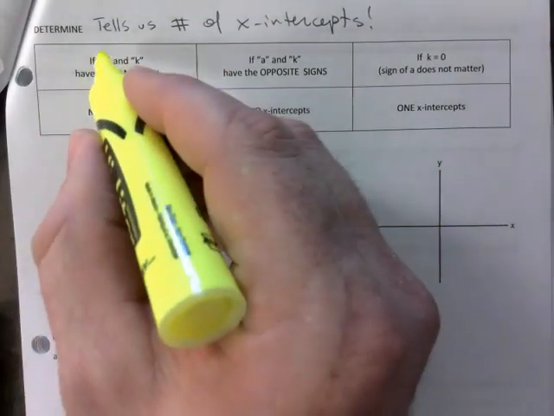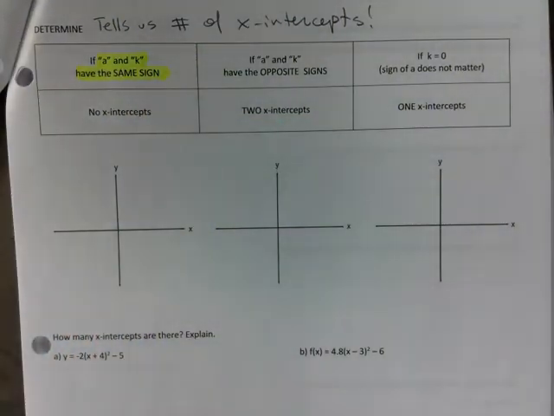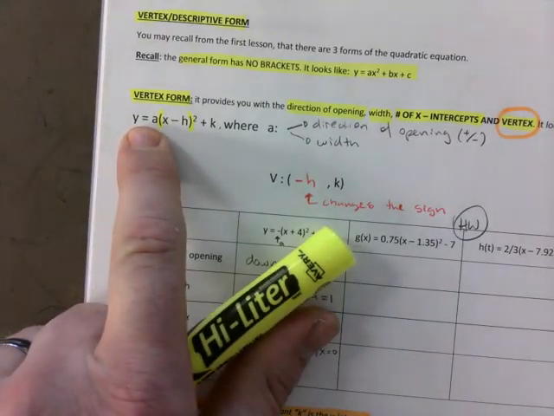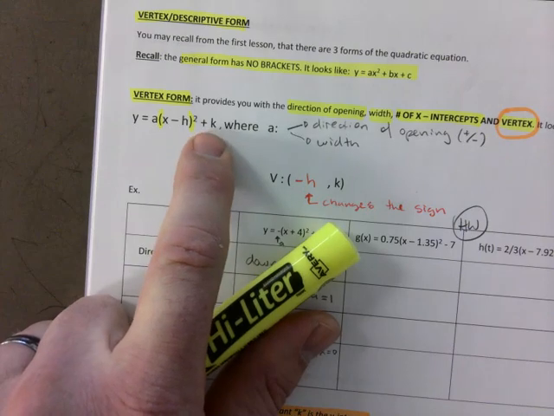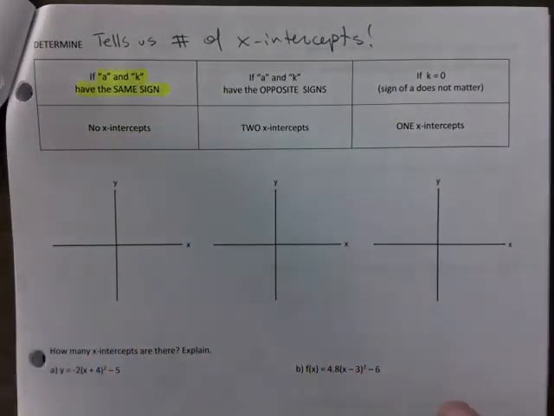So if A and K have the same sign, what is A and K again? Let me quickly show you. A is the leading coefficient, right? K is the back number. So if you look at those and they have the same sign, there will be no x-intercepts.